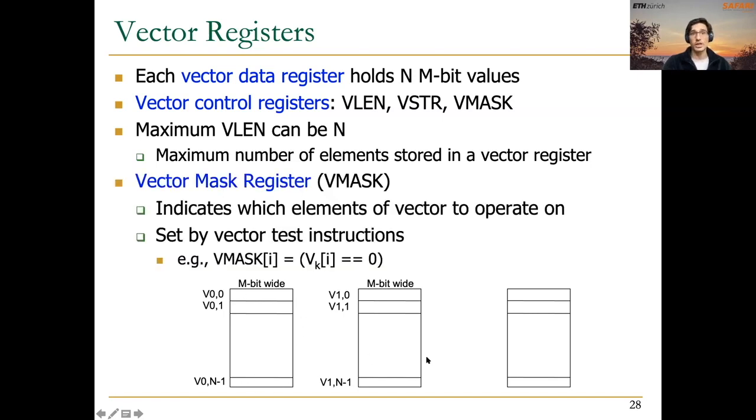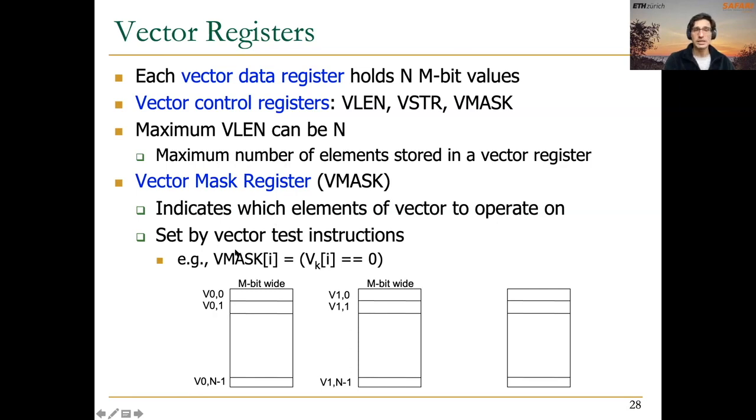And then we also have the vector mask. We are not going to talk about it right now. We will defer it for later. But in the end, the vector mask is going to be the way of implementing control flow here.